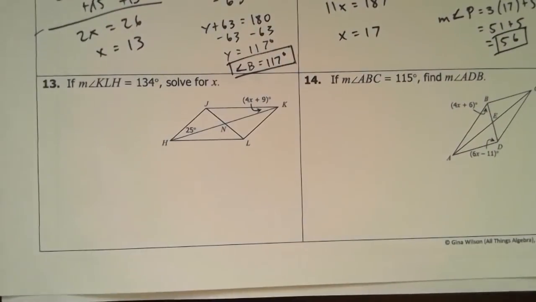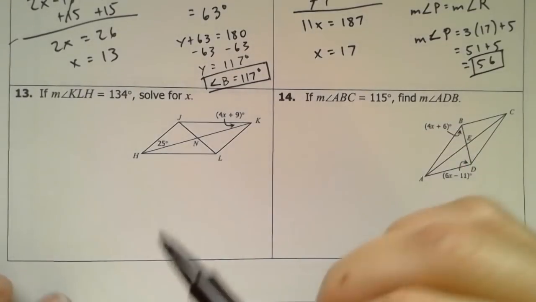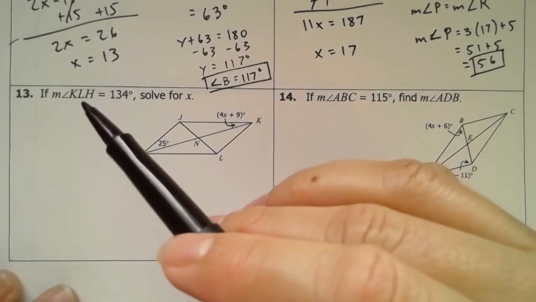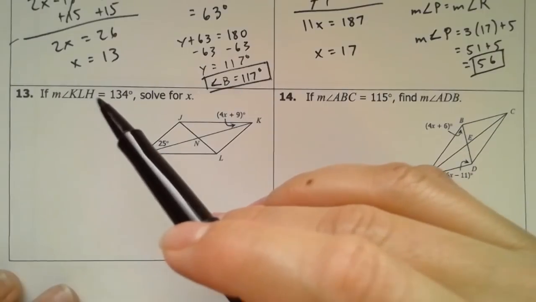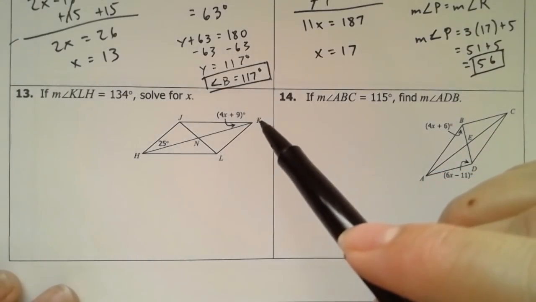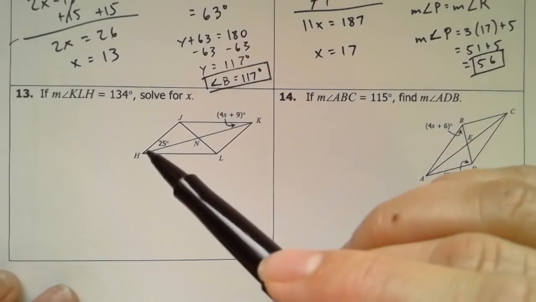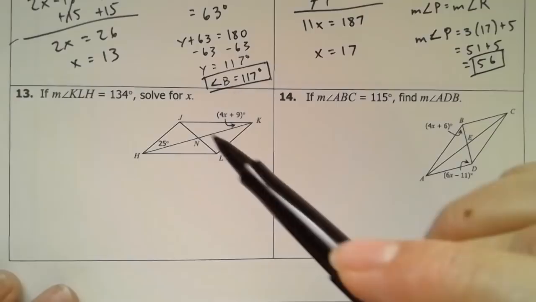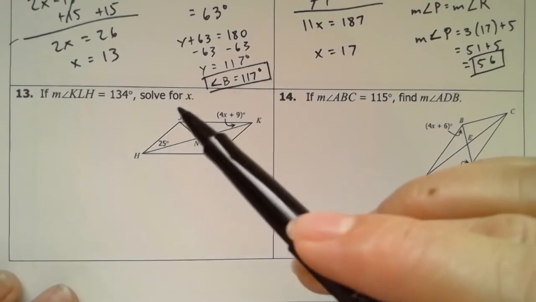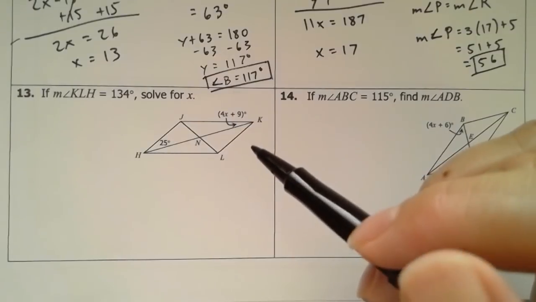We're almost there. Problem 13. The measure of angle KLH is 134 degrees. So KLH is this entire thing here. So this angle here, because it's opposite, is also equal to this one. And then it says just solve for x.